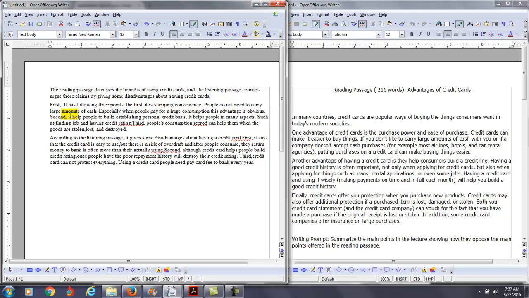First, one advantage of credit cards is the purchase power and ease of purchase. Makes it easier. So you say shopping convenience. I like that. I think that's a good synonym.